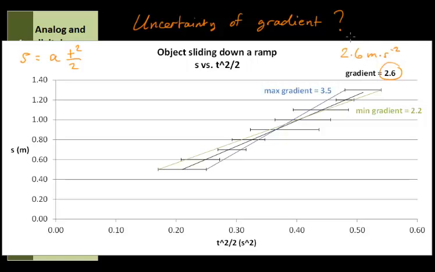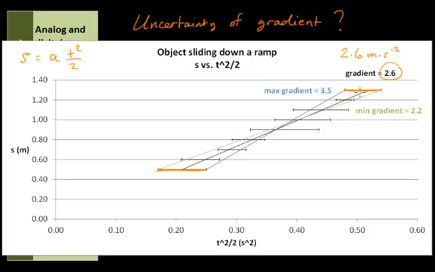And now, if we want to compute the uncertainty on this 2.6 figure, what we do in the IB, I mean, that's just a method that's suggested by the IB, is to look at the first error bar here, the one at the very bottom or at the very left, and the last one. These are the error bars that will serve us to calculate the uncertainty.